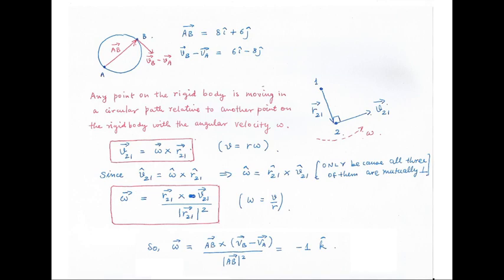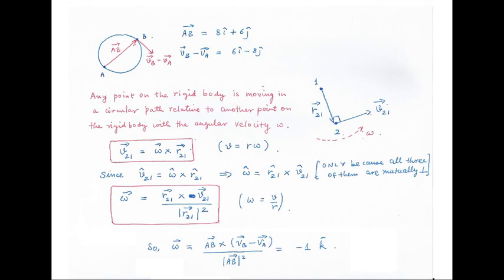But from the perspective of another point on the rigid body, any other point, it's not only about the point A. If I were to put any 2 points on the rigid body, the motion of one of them as seen from the other would have been a circular path. So that makes sense. And that circular path motion has an angular velocity, obviously, and that angular velocity is the same for any such pair of points.